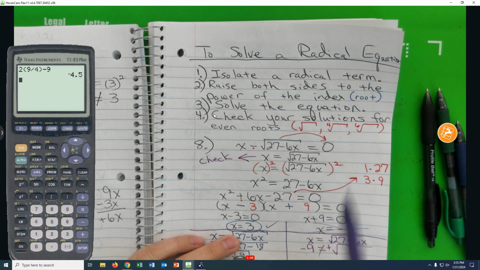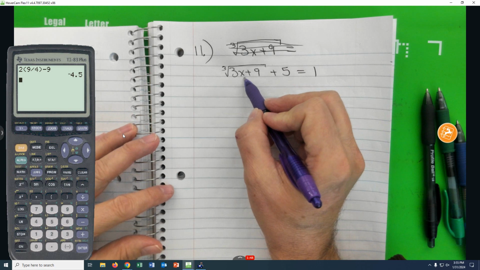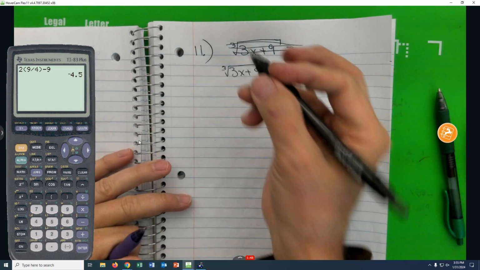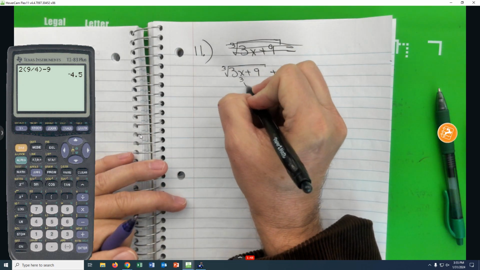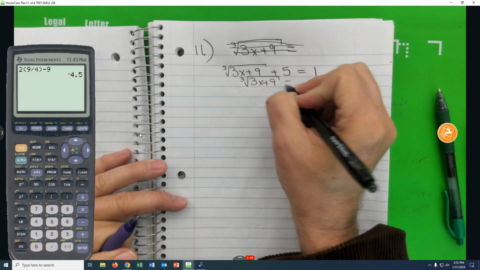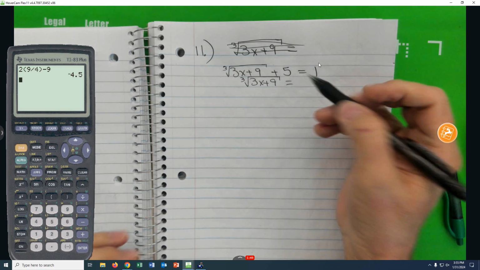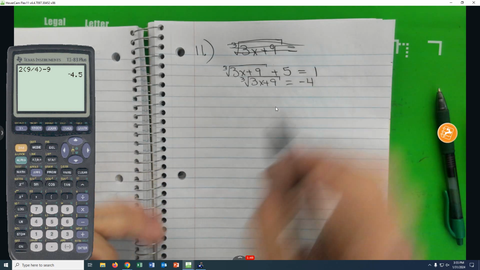Cube roots, fifth roots, you're not going to have to check. So, first step, isolate the radical. So we have the cube root of 3x plus 9 is equal to negative 4, since 1 minus 5 is negative 4.